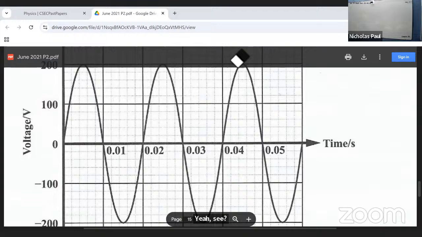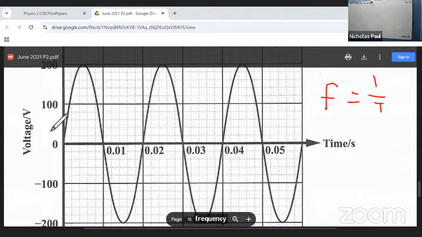Very good. Frequency is 1 over period. So you have to look at that diagram and see what the period is. Right? So we're doing frequency is 1 over period.